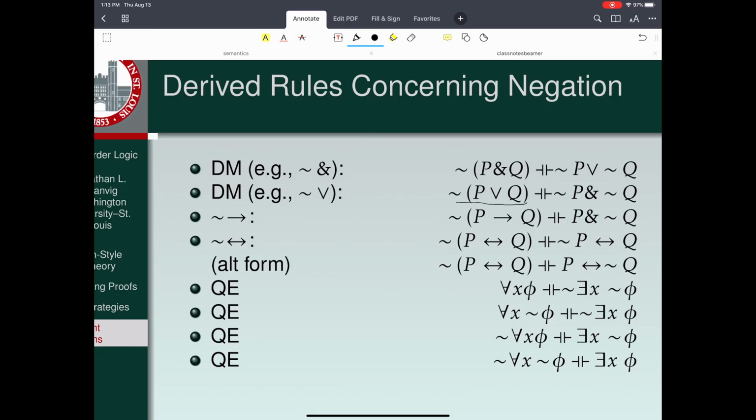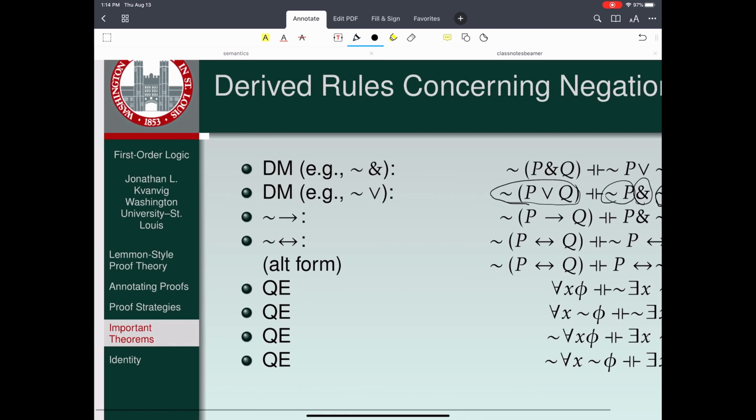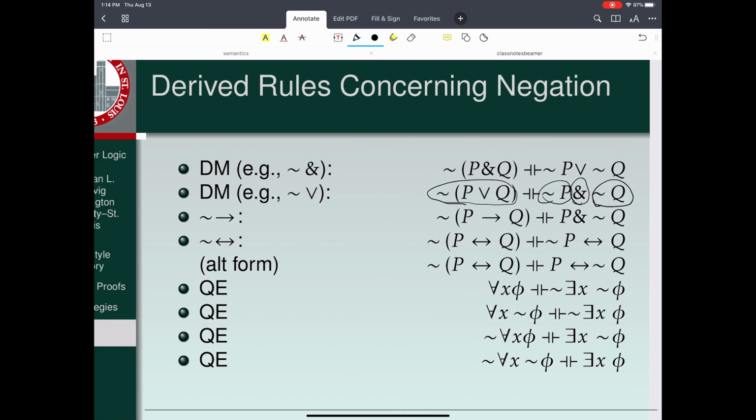Technically, we would have to prove De Morgan's rules before we're allowed to use them. I'm not going to take the time to do this. You did this in the first baby logic course. So all I'm going to do is assume that we've proven them. You can do the proof if you want on your own. But among the derived rules, De Morgan's rules are among the most important.